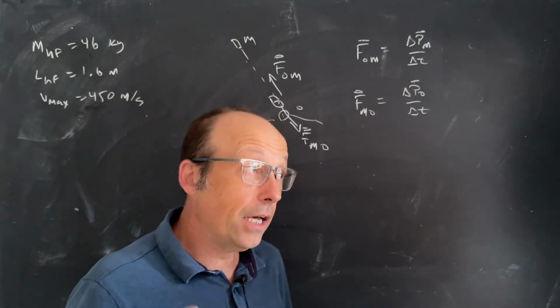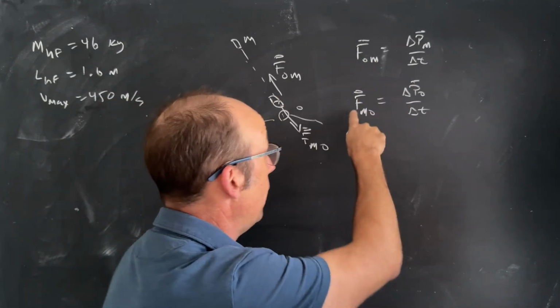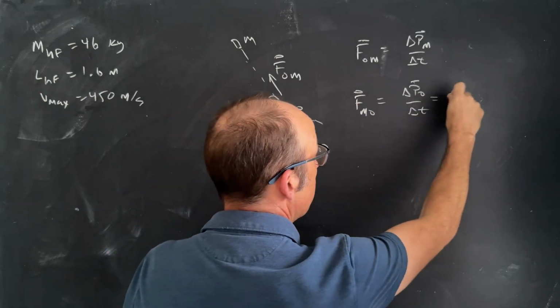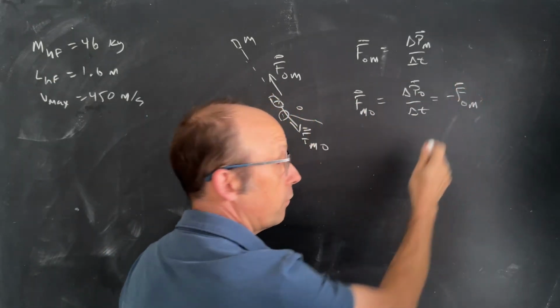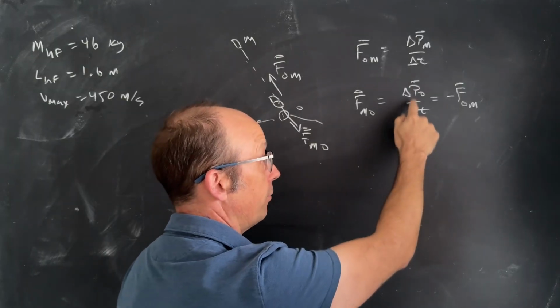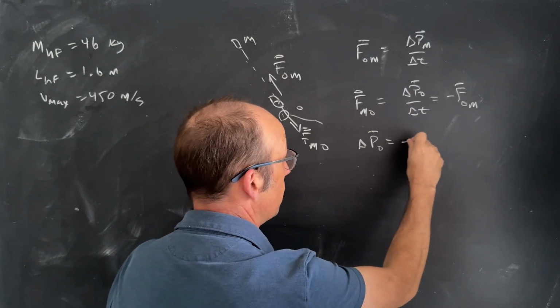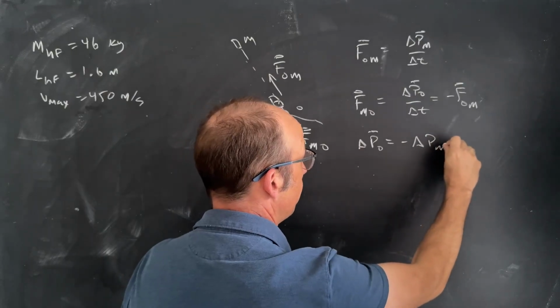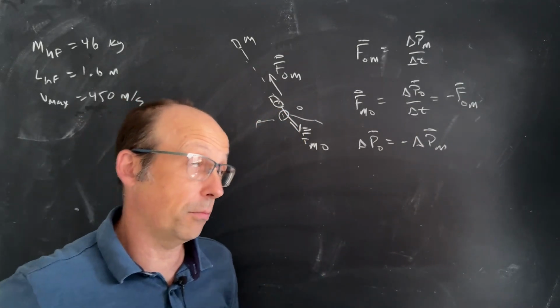Now, if they only have those two forces acting on each other, and I know that this is negative the force of the orb on the missile because of Newton's third law, and the times are the same, then that means delta P orb is equal to negative delta P missile. That's what we call conservation of momentum.